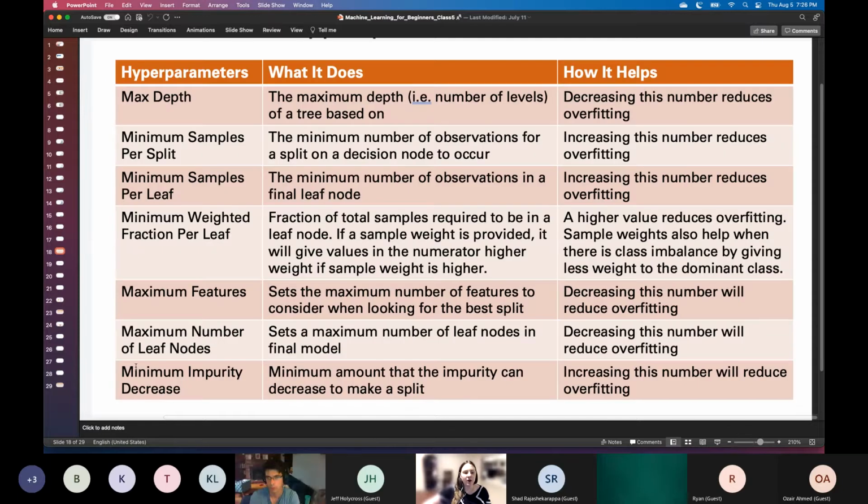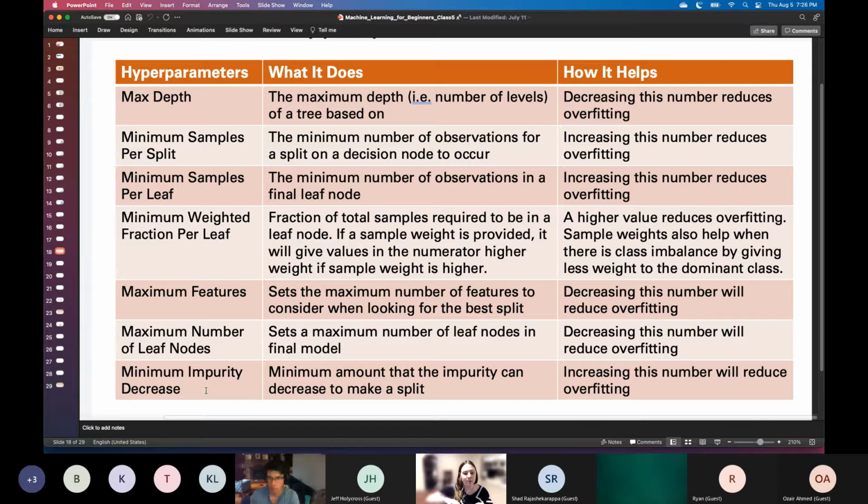And finally, this one. If you weren't in my last class, I'm not going to go over the definition of impurity again. It's farther up in these slides, actually, but please feel free to go back to my class. In order to decide where to split, what features to split on, and where to put the cut points in a split, it looks at the impurity of all the different options on how to split your tree. Impurity tells basically how pure your nodes are.